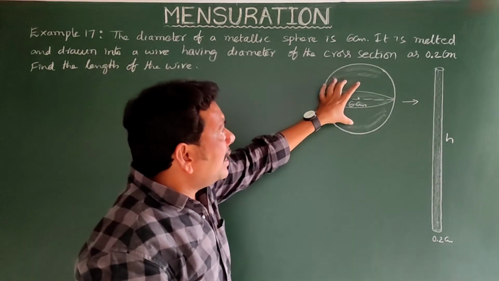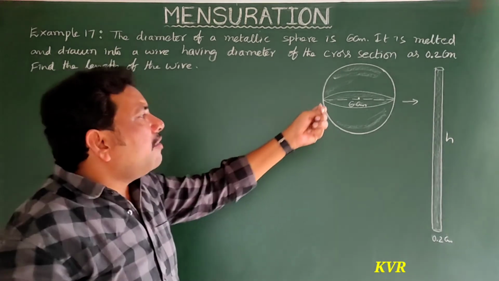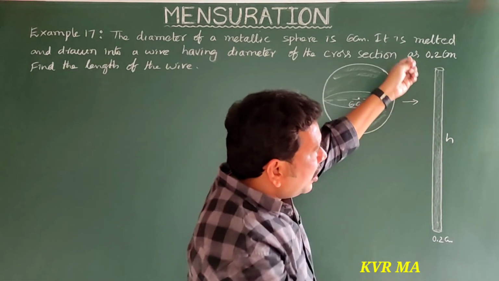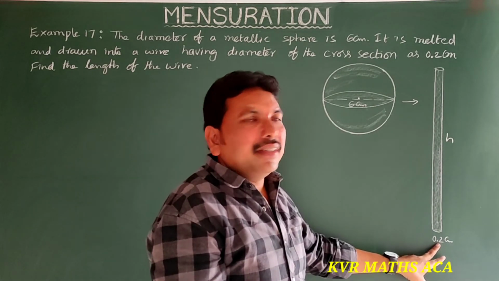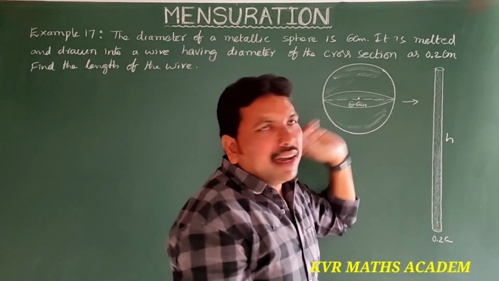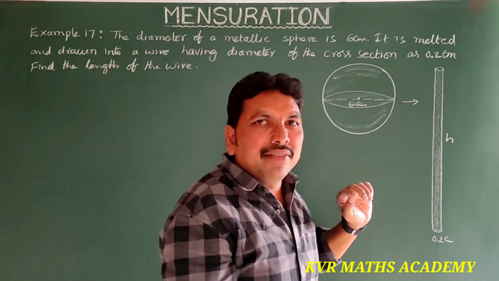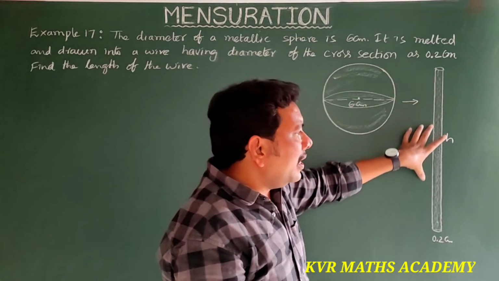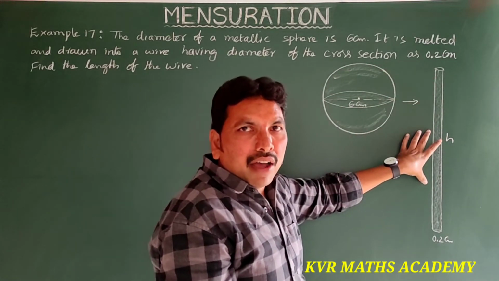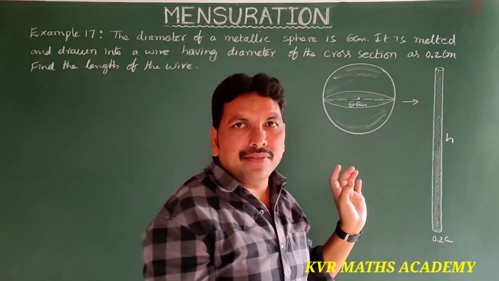It is melted and drawn into a wire of diameter 0.2 centimeters. So we have to find the length of the wire. Here the volume of the sphere is equal to the volume of the wire. Why? It is melted and recast into the wire.